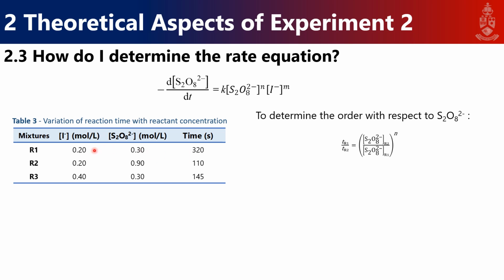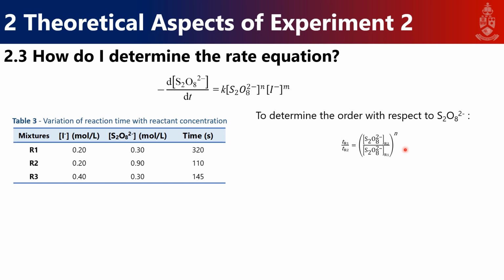My iodide concentration did not change between reaction 1 and reaction 2, so the dependence of the time, or the duration of the experiment, was due to the change in the initial concentration of persulfate, and I can use that then to determine the order of the reaction with respect to the persulfate.